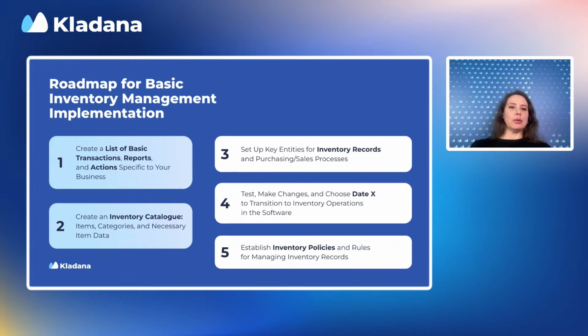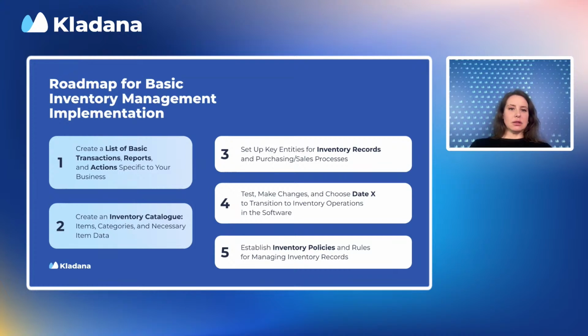So when you think about this, you can make a step back and, for example, add some new fields to your inventory catalog. And after everything is done, choose date X, an important date when you decide to make a transition to keep all your inventory operations in the software.